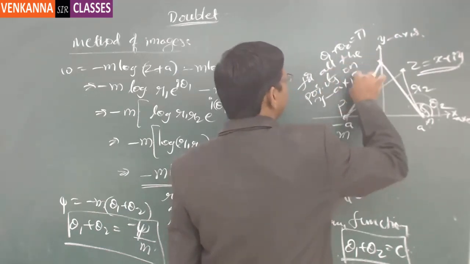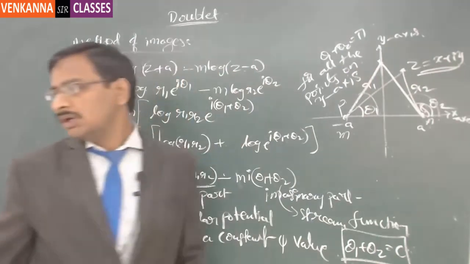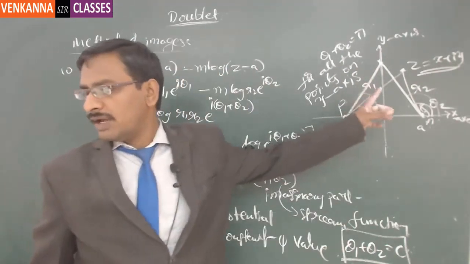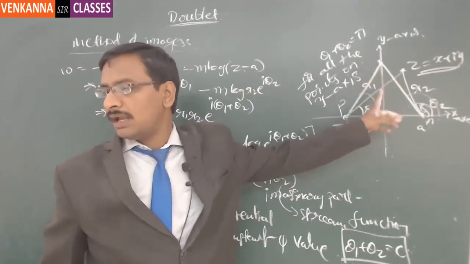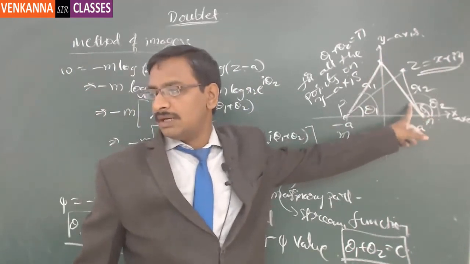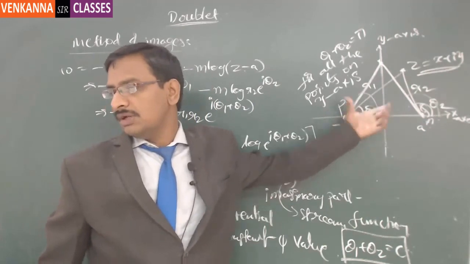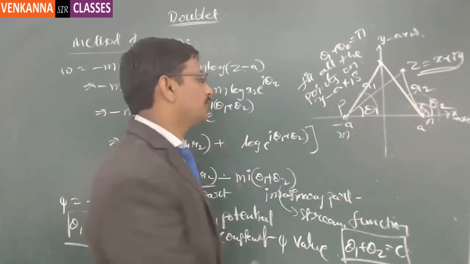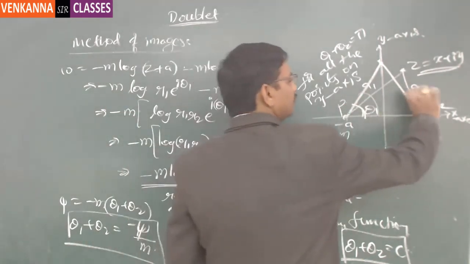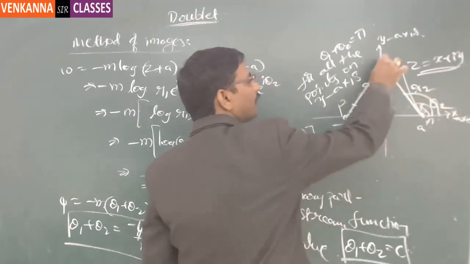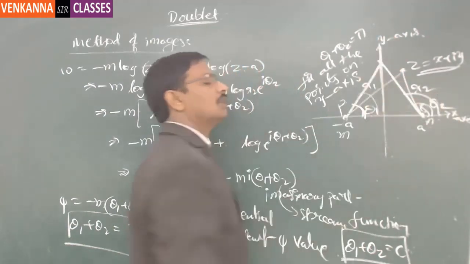Now what does it essentially mean for us? For any randomly taken point on the y-axis, the angle at this location is pi plus theta and at this location is theta. These two together, this angle and this angle, will always equal pi if you take any point on the y-axis.